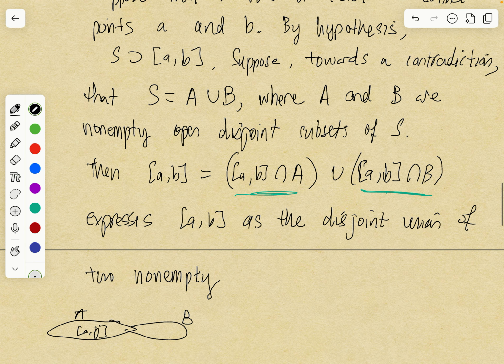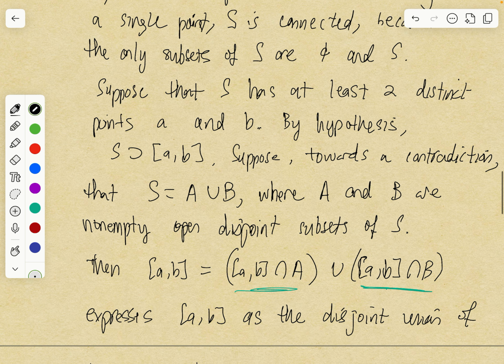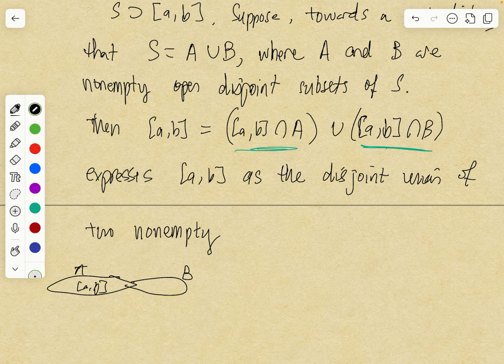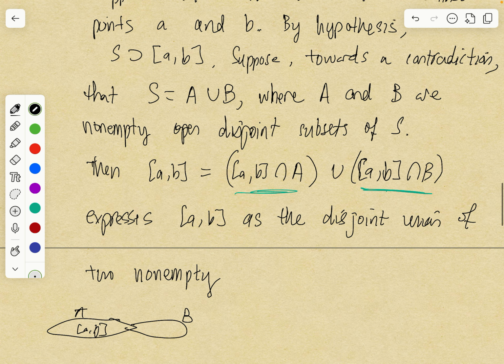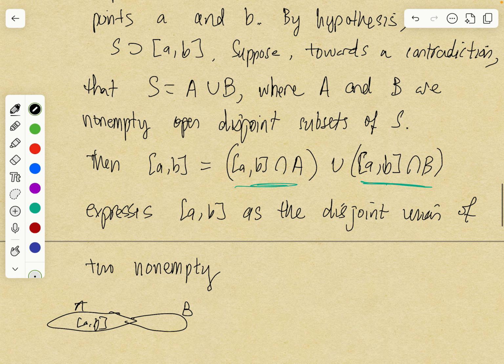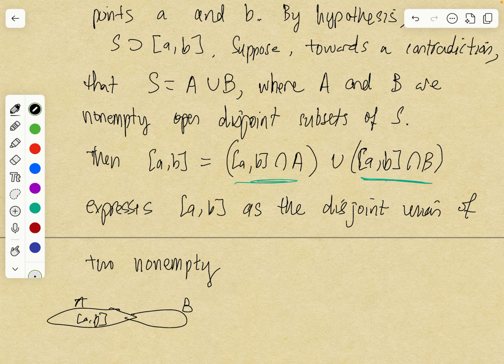Let's see, suppose that S is the disjoint union of A and B. Yeah, I think we need to guarantee that little a is in capital A and little b is in capital B, or something like that.